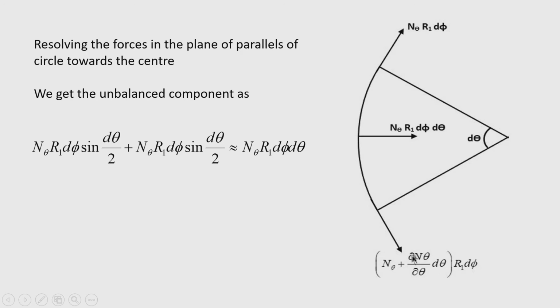So, neglecting the contribution of this quantity, because ultimately this product of two small quantities will be there. So, therefore, we can neglect safely, and ultimately for small angle d theta we can take sin d theta by 2 equal to d theta by 2. So, therefore, we get unbalanced component as n theta r 1 d phi into d theta, and this unbalanced component now can be resolved in the direction of tangent to the meridian as well as along the normal to the tangent.